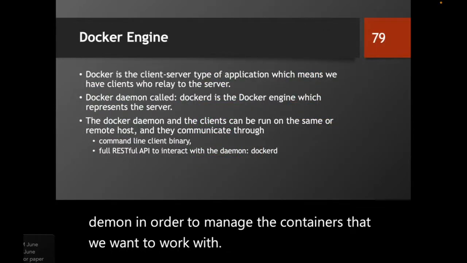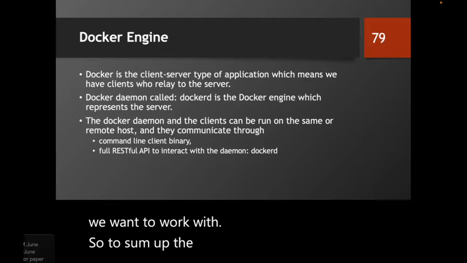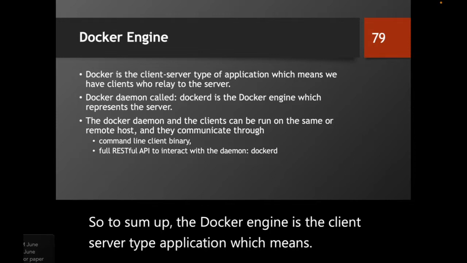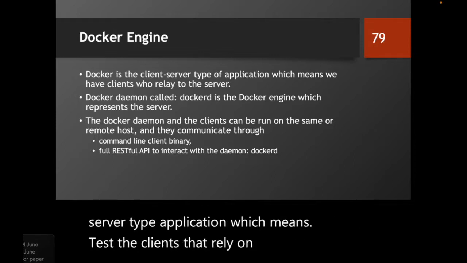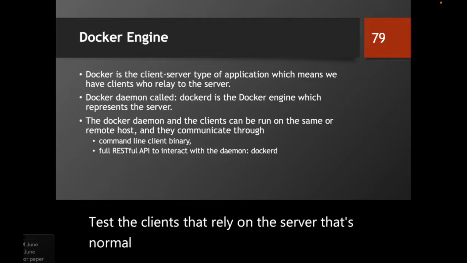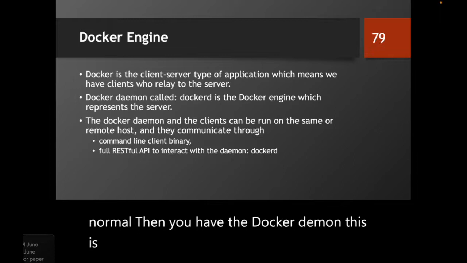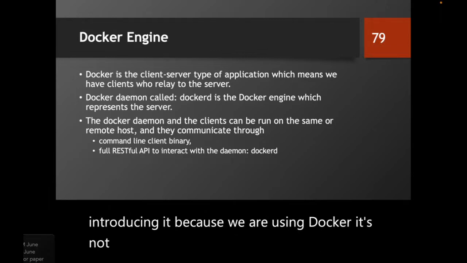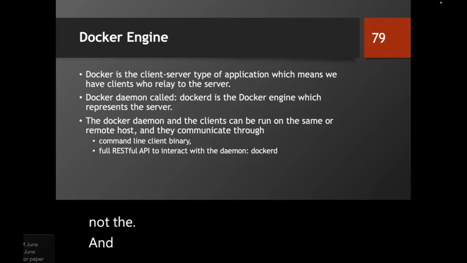So to sum up, the Docker engine is a client-server type application, which means it has clients that rely on the server. That's normal. Then you have the Docker daemon. This is vocabulary from Docker. I'm just introducing it because we are using Docker. It's not the general vocabulary of componentization.